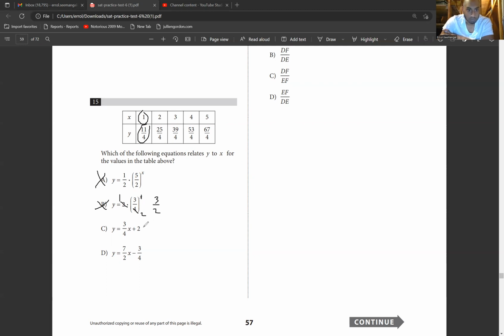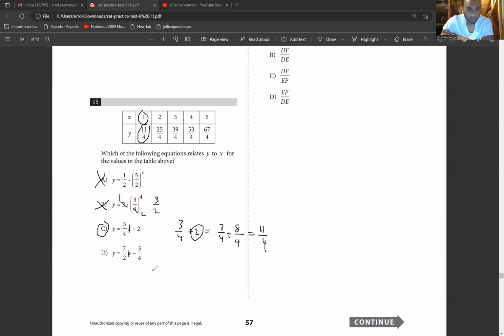Okay. What about C? If you plug in 1 right there, what's 3/4 plus 2? That's the same as what? 3/4 plus... What's the 2 with the denominator 4? 8/4. So would it equal 11/4? Yes, so it looks like it's that one. This would be 8 right here, right? Which is 11/4, which is the y value we're looking for.